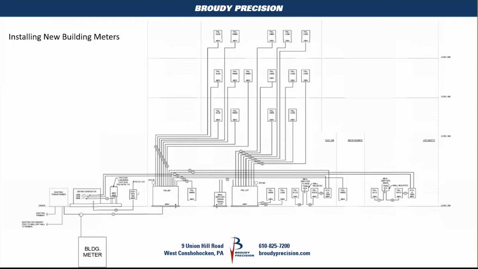Now, that's not to say that you can't put a meter on each of these. Each of these little rectangles represents an electrical panel on a floor, a 480 volt or 208 volt panel. You could put a meter downstream and just monitor what's going on at that particular panel. You could put a meter on a single piece of equipment, and it's going to ask us the same basic questions.